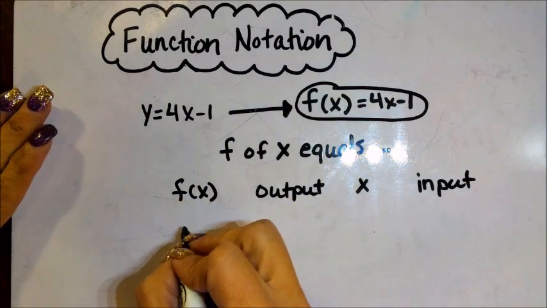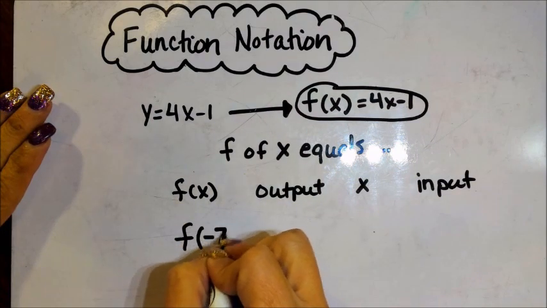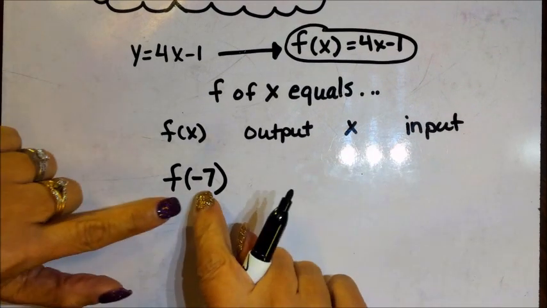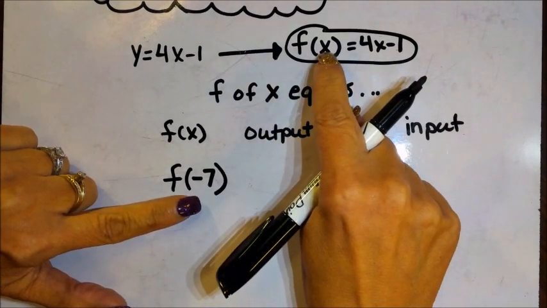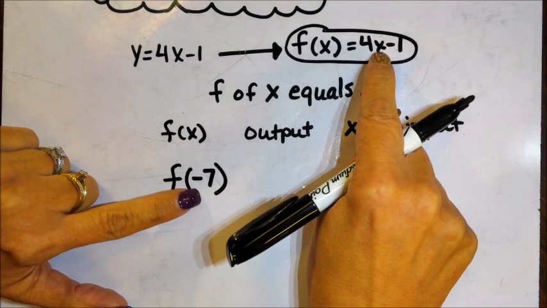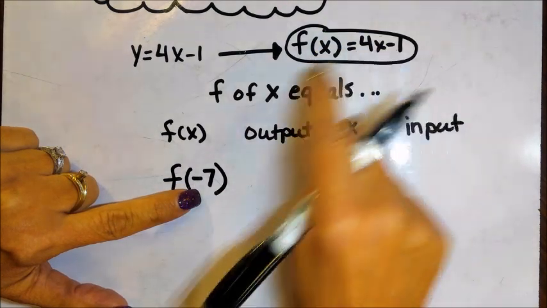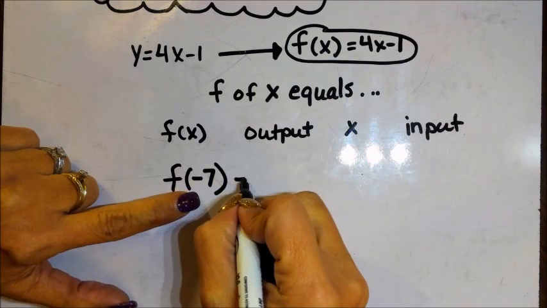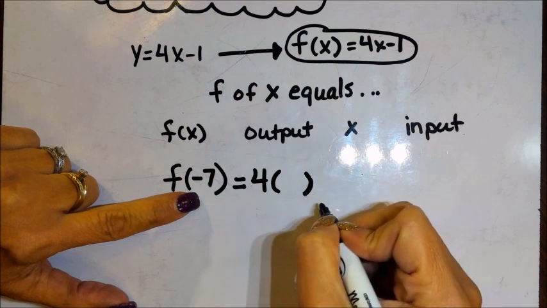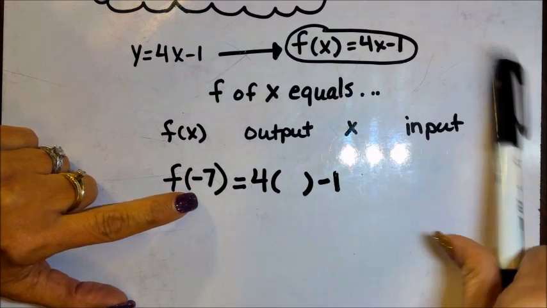It wants us to find f of negative 7. So what does that mean? That means in the x spot, x is being replaced with negative 7. So instead of x in the equation, we're going to replace it with negative 7: 4, and where that x is, I'm going to put parentheses, minus 1.